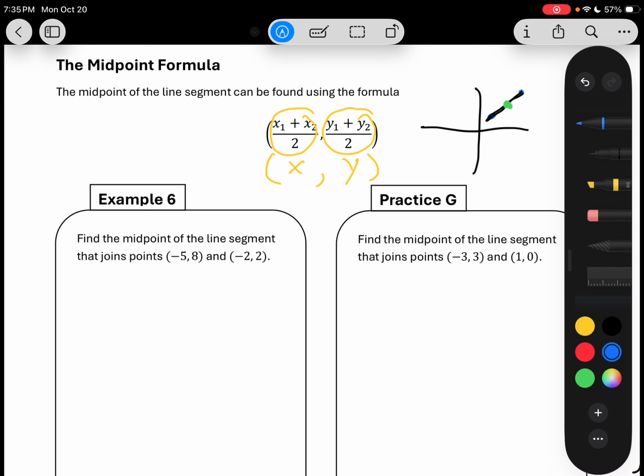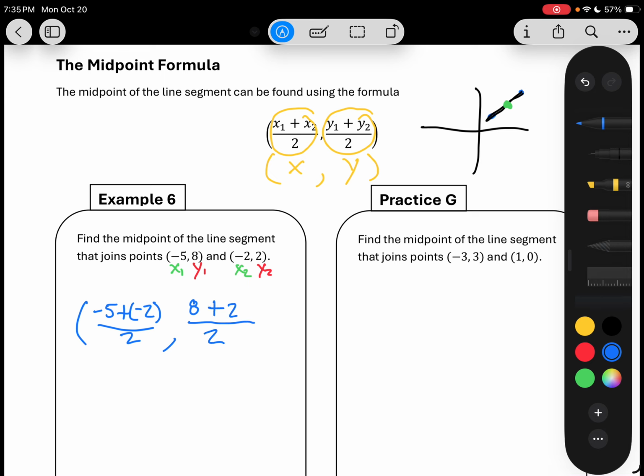Let's go ahead and do the first one. Example 6, find the midpoint of the line segment. So this again is x1, that's x2. This is y1, that's y2. So if we take a look at our midpoint formula, it would be x1, which is -5, plus x2, which is -2. That's all being divided by 2. And then y1, which is 8, plus y2, which is 2.